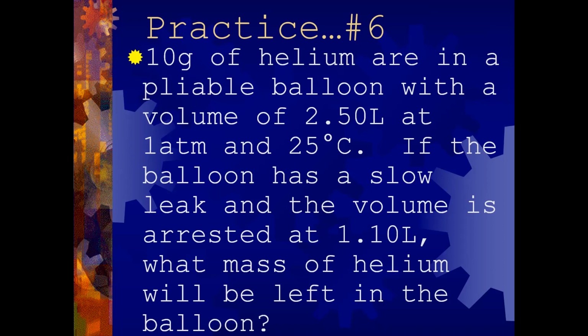Remember how that one went? N, right? Because Avogadro's number is going to have to do with moles. So we're going to need to change the 10 grams to moles, and then when we get the moles, change it back to grams. So for Avogadro's law, we need the number of moles.